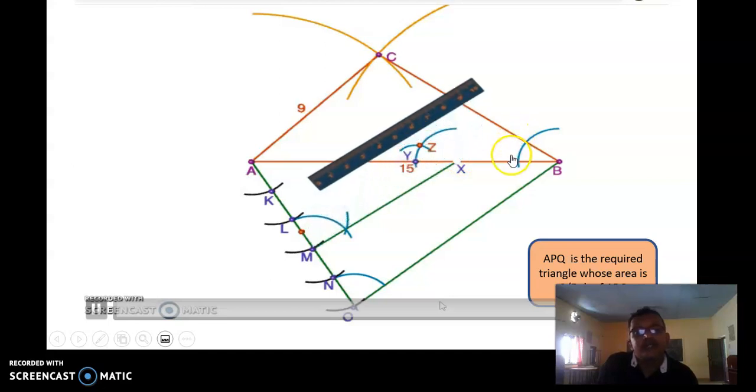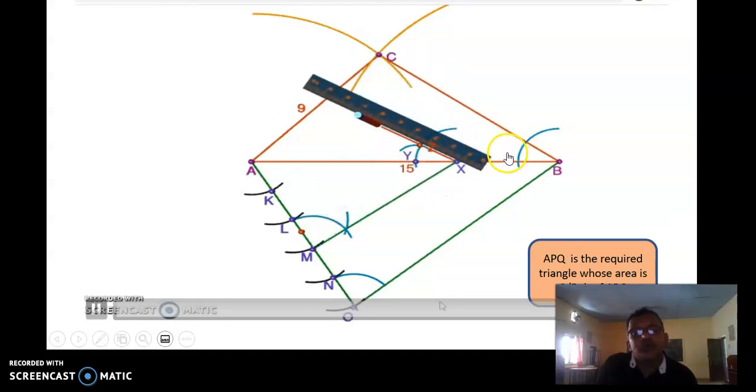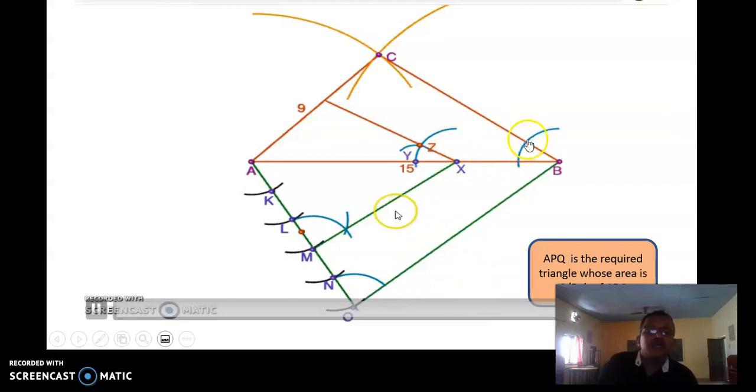When those two lines are parallel, then corresponding angles are equal. So by using that principle, we are constructing parallel lines. Here draw an arc, here draw an arc. Using this radius from Y, cut here. So now these two angles are equal, these corresponding angles are equal, therefore these two are parallel.